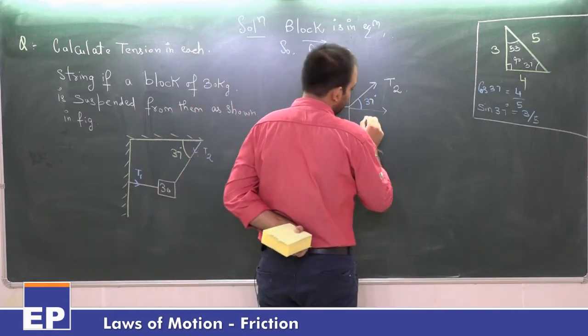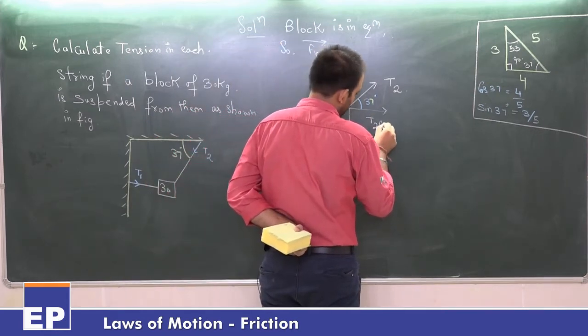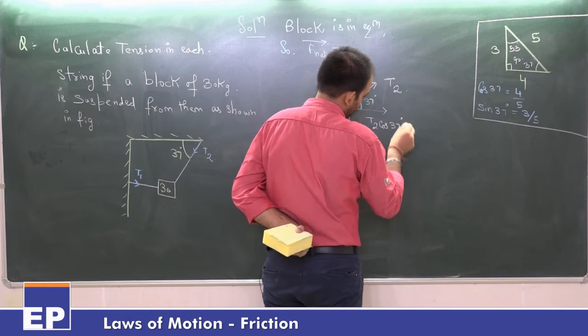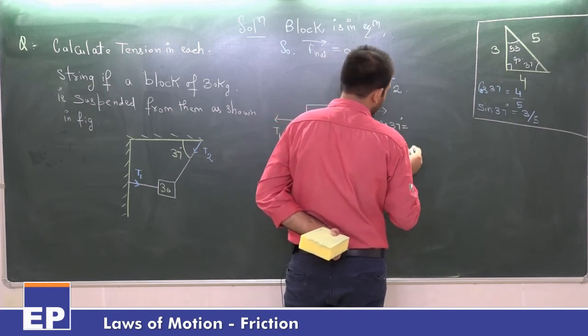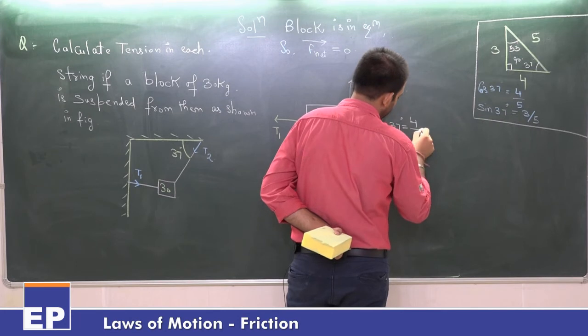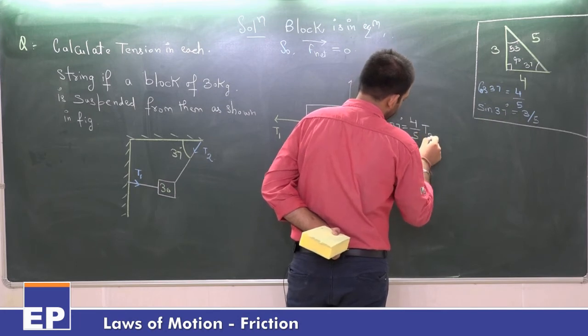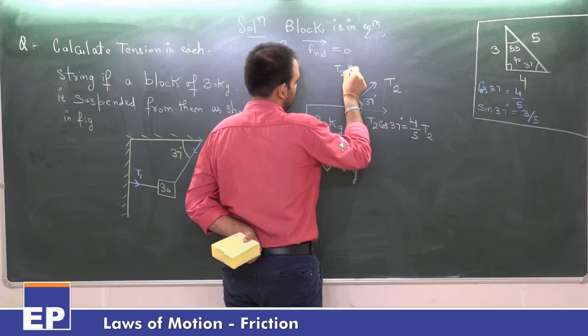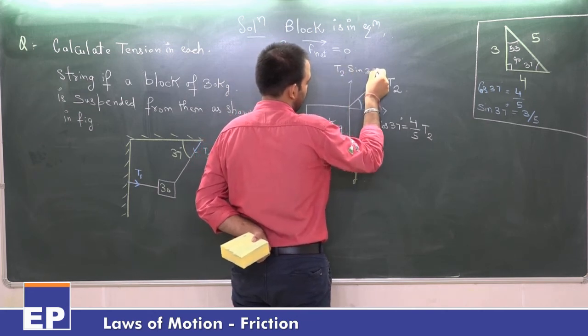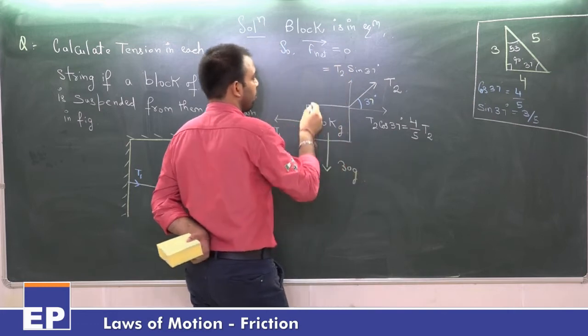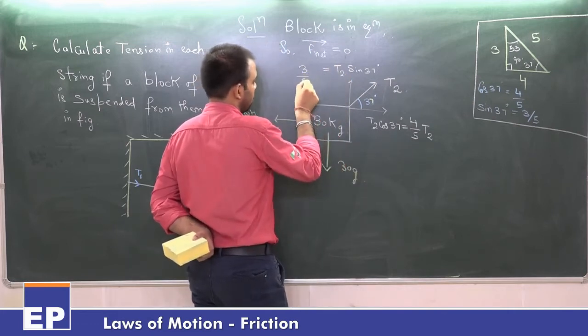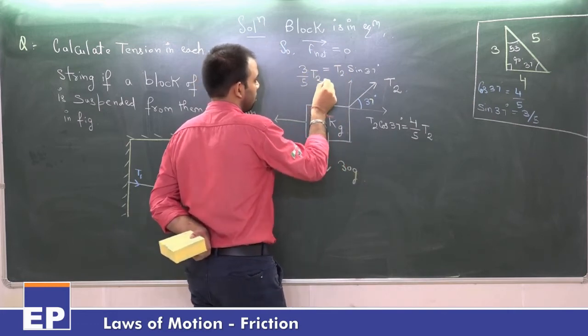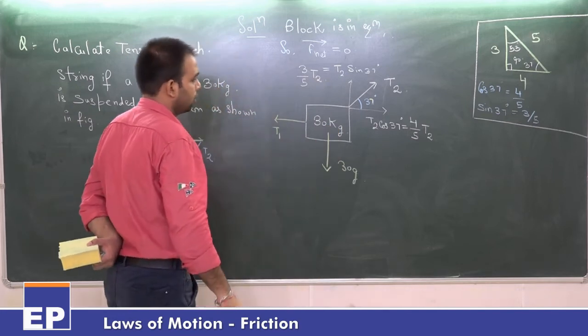Right? Now, these are the forces. This will become T2 cos 37. Cos 37 is 4 by 5. So, 4 by 5 T2. This is T2 sin 37. Sin 37 is 3 by 5. So, it is 3 by 5 T2. And this is T1.